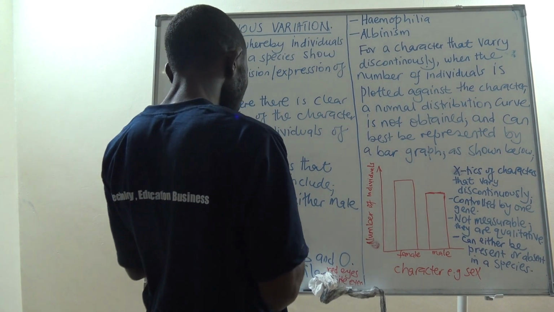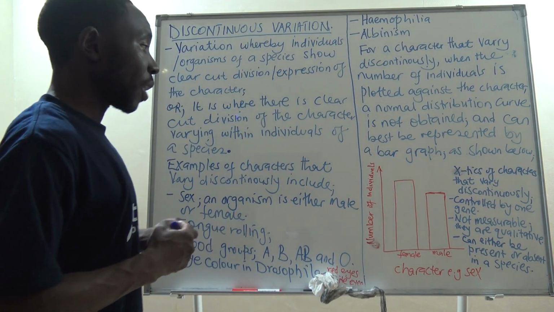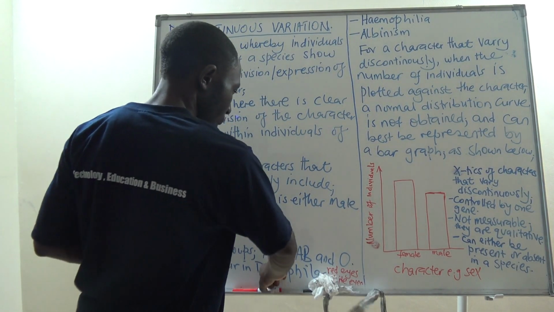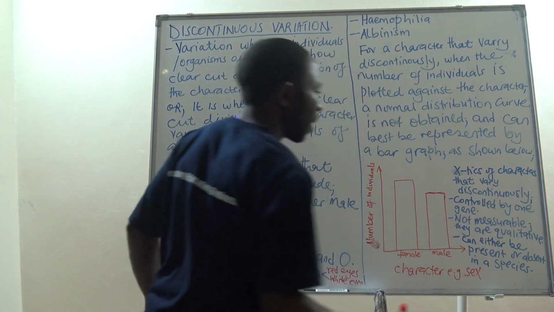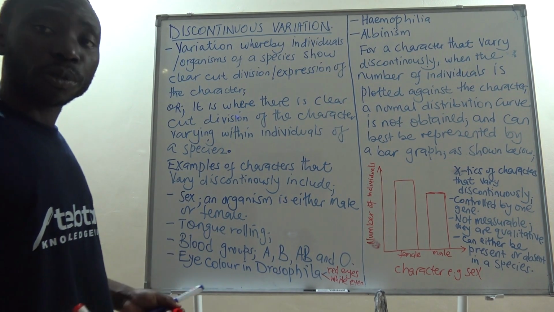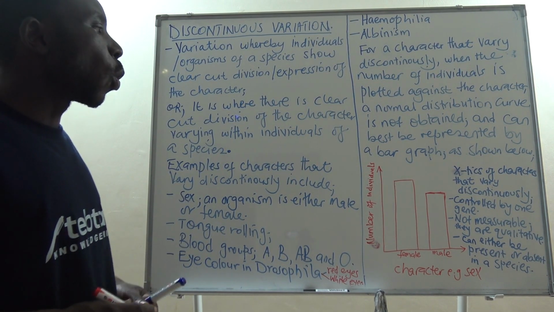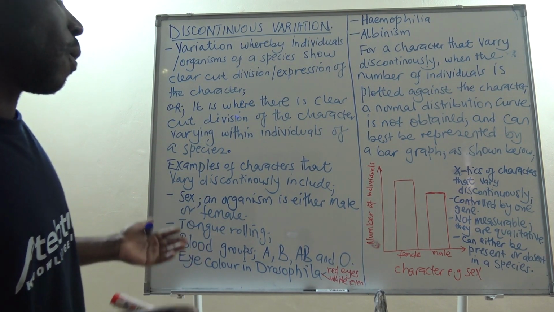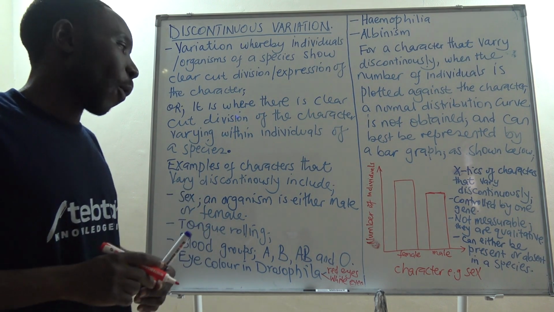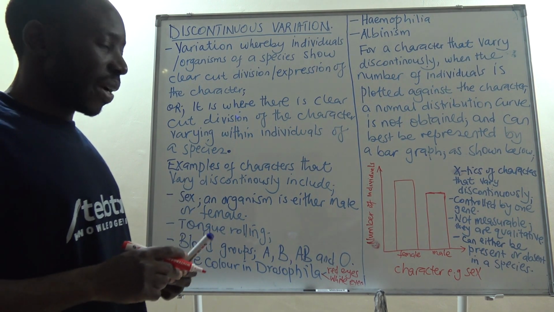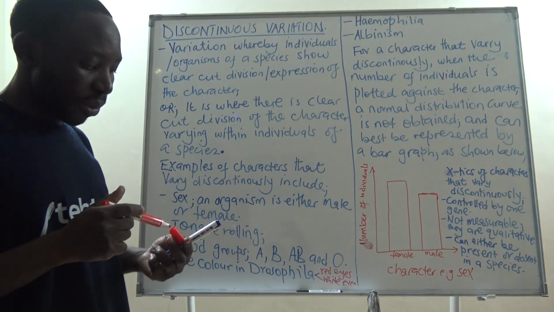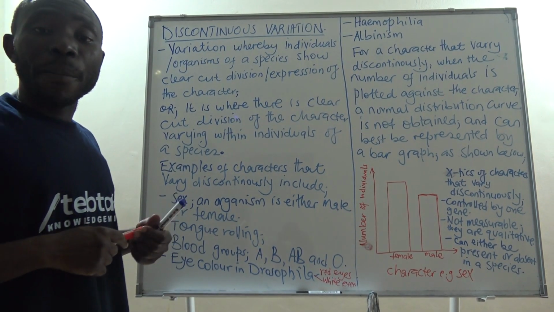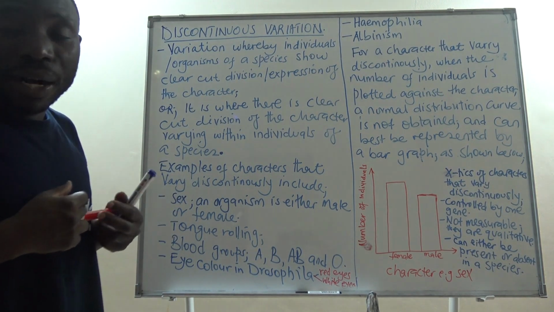Those are characteristics of characters that vary discontinuously: controlled by one gene in most cases; two, not measurable, so we say they are qualitative; and three, can either be present or absent in a species. So, members, let us meet another time.